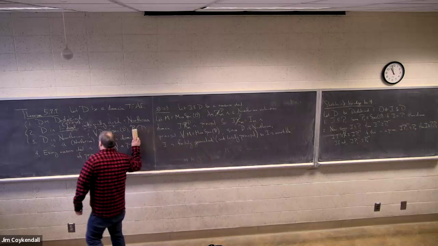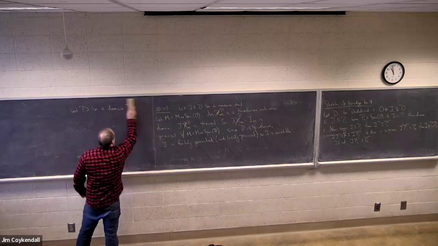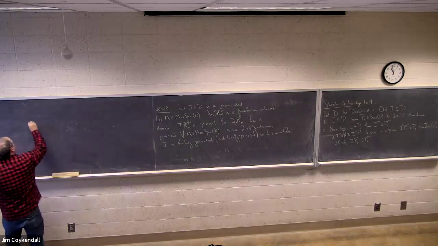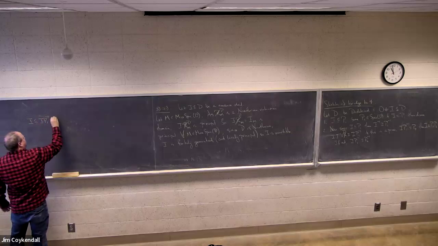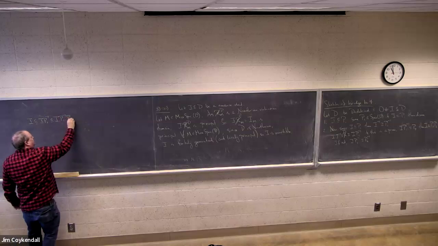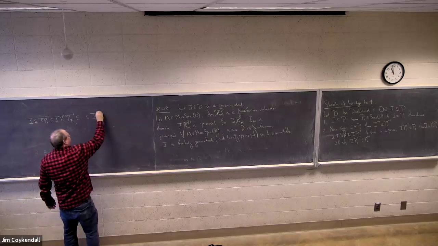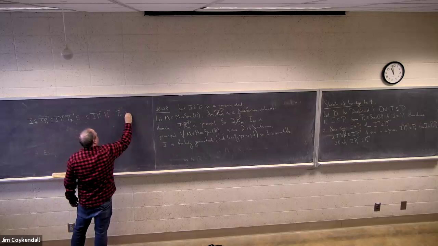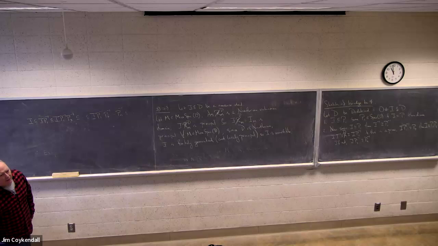So what do we get out of all this? Well, we get the following chain. Prove about the chain of ideals: it stabilizes because Dedekind domains are Noetherian. Right?